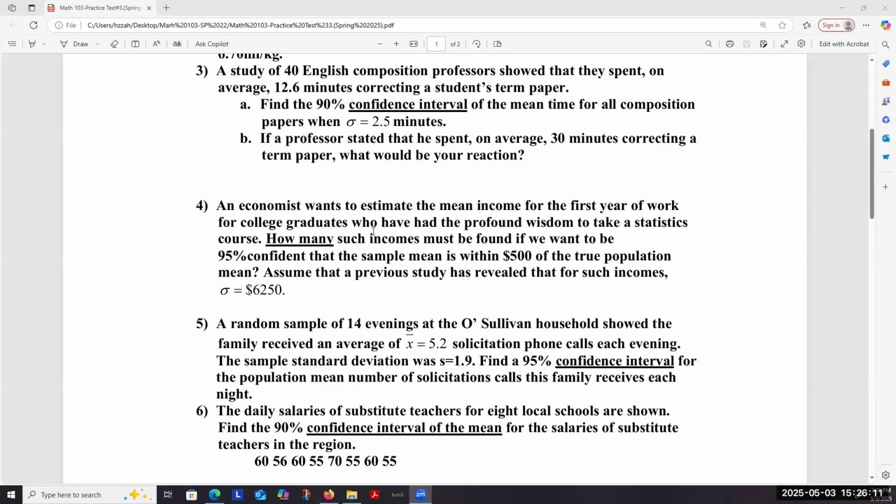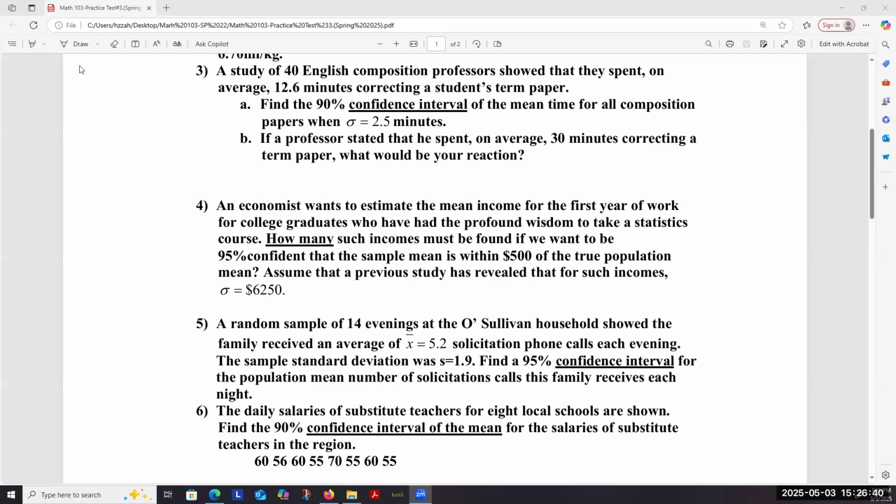The economists want to check the mean income for the first year of work of the college graduate. We have taken a statistic. We want to know how many we need to interview, if we want to be 95% confident that the sample mean is within 500. You see, this within the 500 means the marginal error of the true mean.